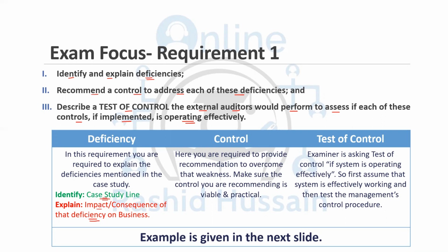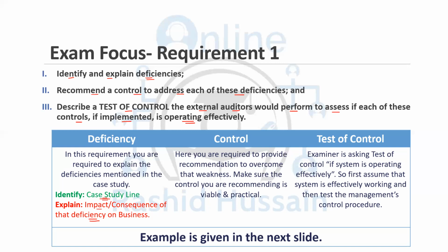As a result, the company needs to provide them again, which will eventually be a loss for the company. This is the explanation: the impact, consequences, or repercussions of that weakness on the business. So if you are just identifying, you won't be getting marks for it.